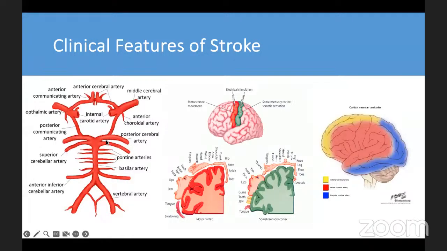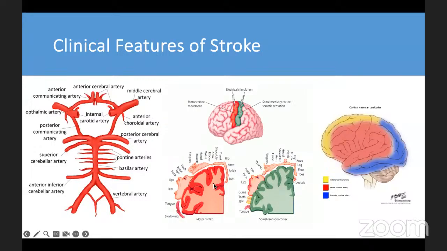And then it sends the posterior communicating artery to join the vertebrobasilar artery to form the circle of Willis. Don't worry. What you need to remember is this: if you look at the lateral aspect of the brain, the red part here shows the motor cortex representation, and the green part shows the sensory representation of the parts of the body in the brain, called the homunculus.